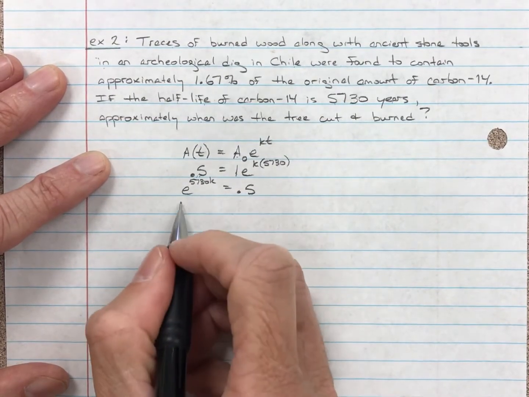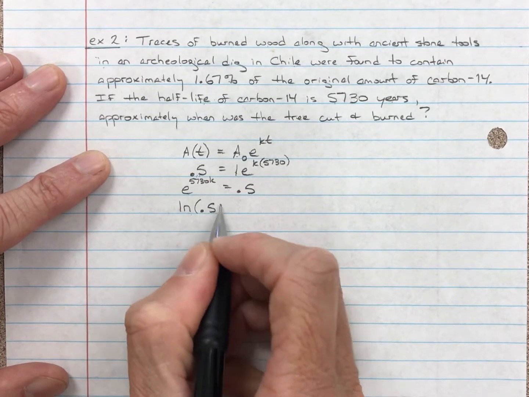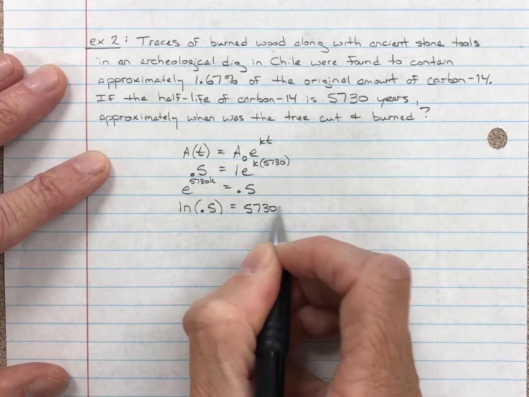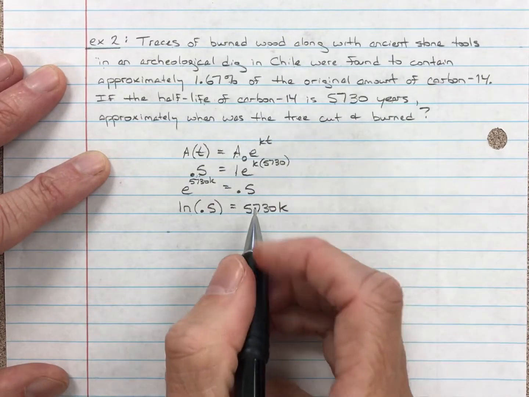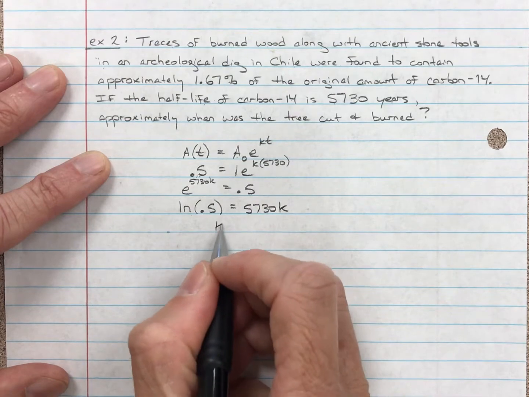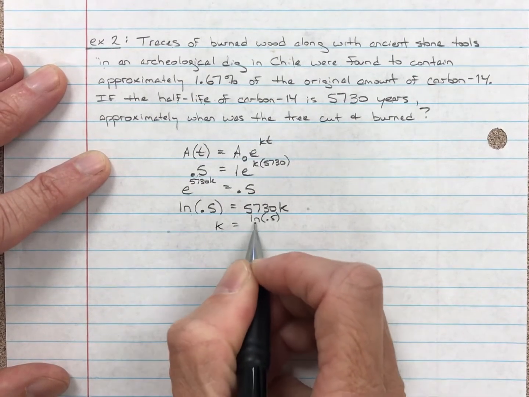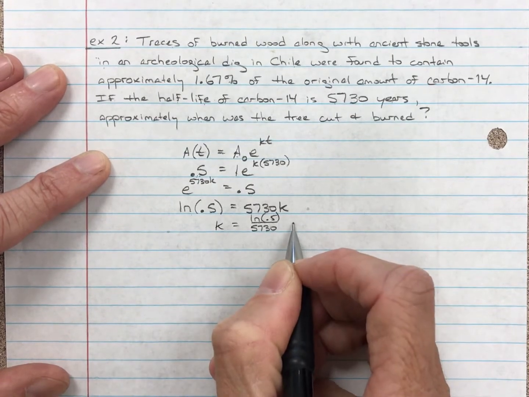It's a base of e, so natural log of 0.5 is equal to 5,730 times k. Divide both sides by 5,730, and I have k is equal to natural log of 0.5 divided by 5,730.